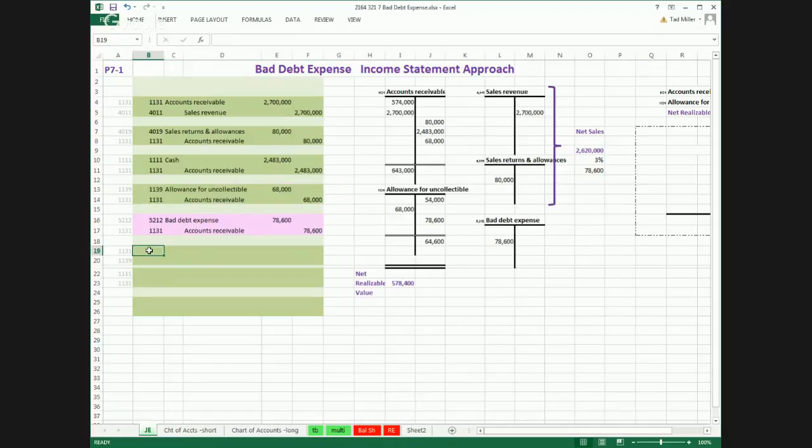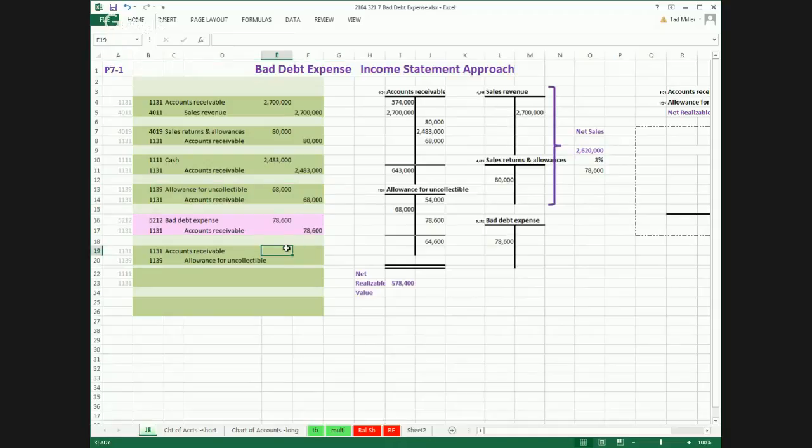We get a check in the mail for $7,500 from one of these accounts we've written off. Well, what I'm going to do then is I'm going to undo that journal entry. So in that journal entry, I credited accounts receivable. I'll put their account back on the books and I will just reverse that entry.